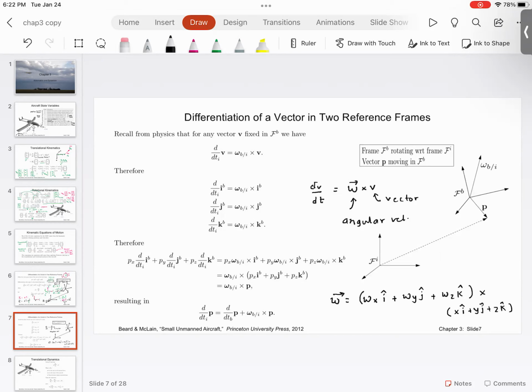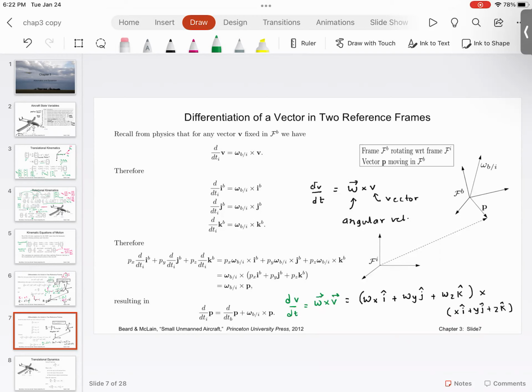So no matter what the vector is, if you want to take the derivative of the vector, it's always the cross product with omega. I'll show it over here, which is dv by dt is equal to omega cross v. Omega is a vector and v is also a vector.